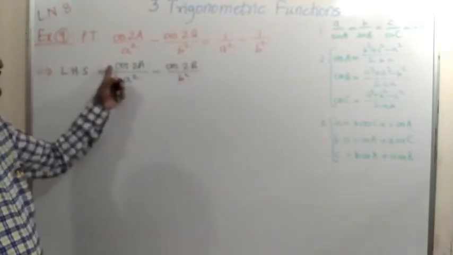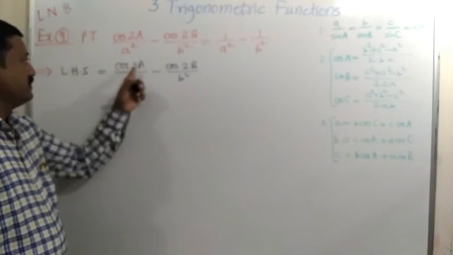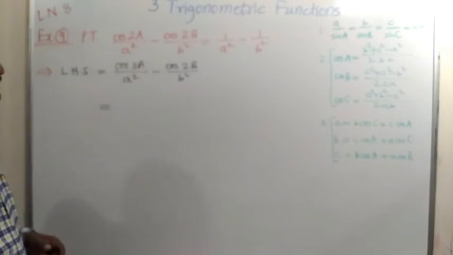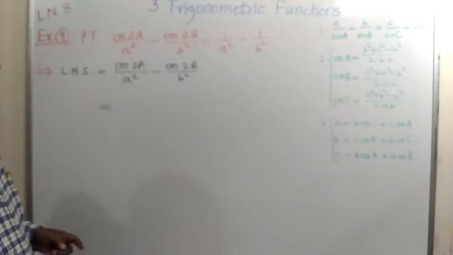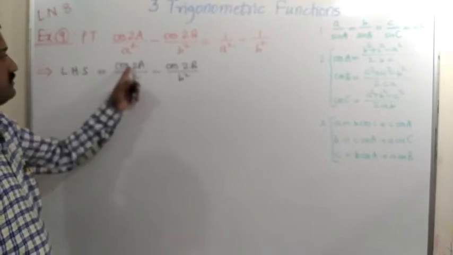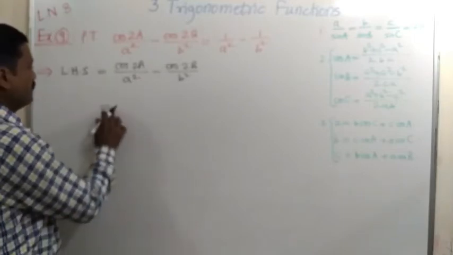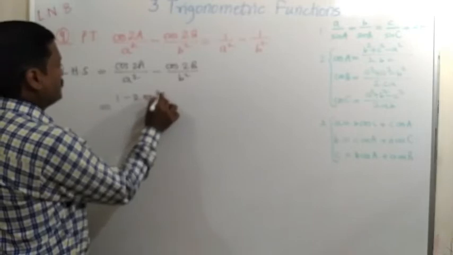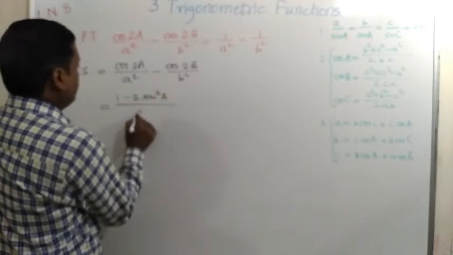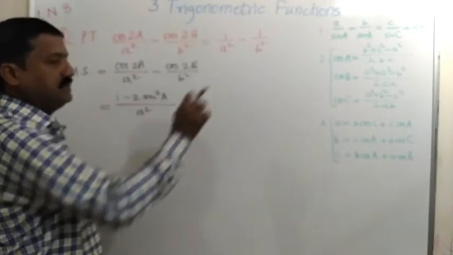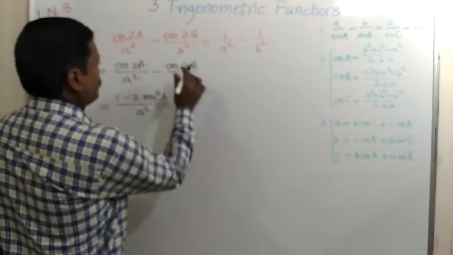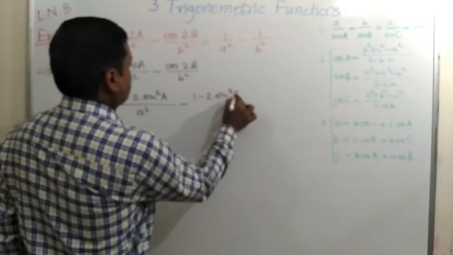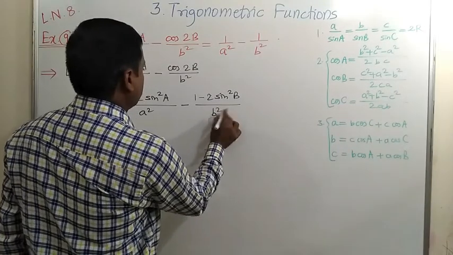We can write this double angle formula for cos 2A in terms of sine or cos. It will be convenient to use this double angle formula in terms of sine. So we will write it as 1 minus 2 times sine square A upon A square, because the sine rule is easier than the cosine rule, minus cos 2B, which is 1 minus 2 sine square B upon B square.